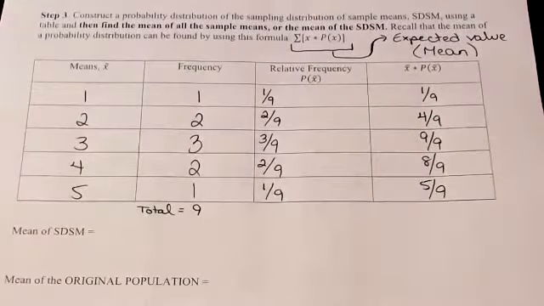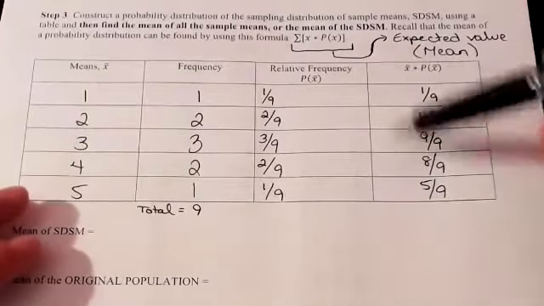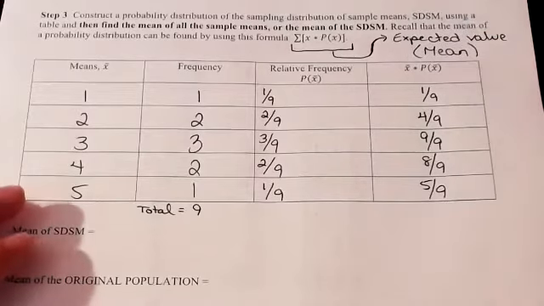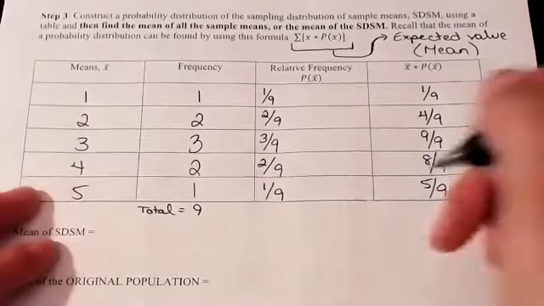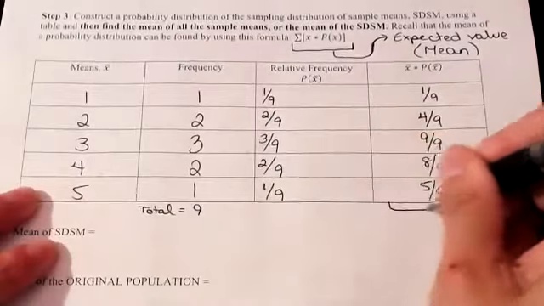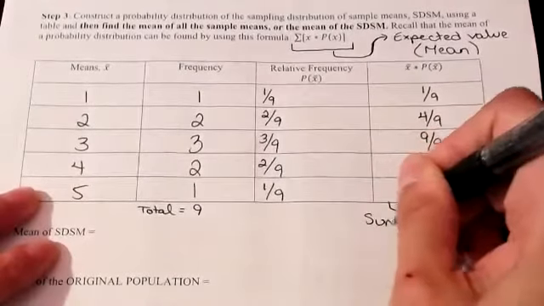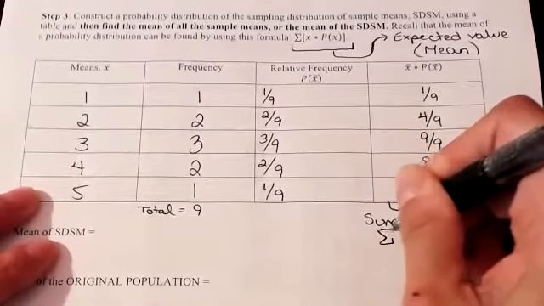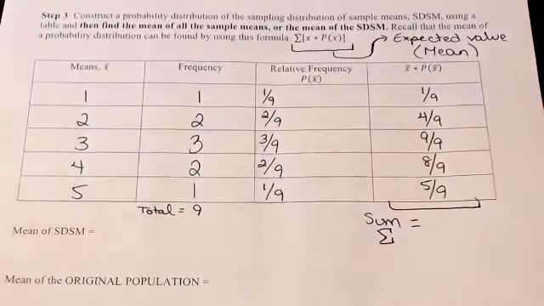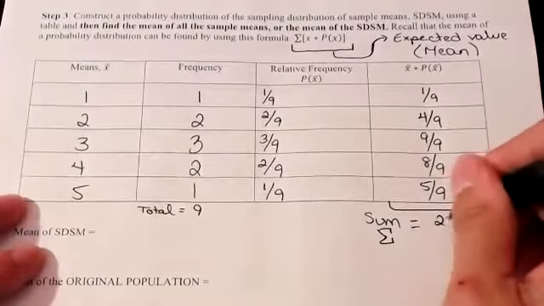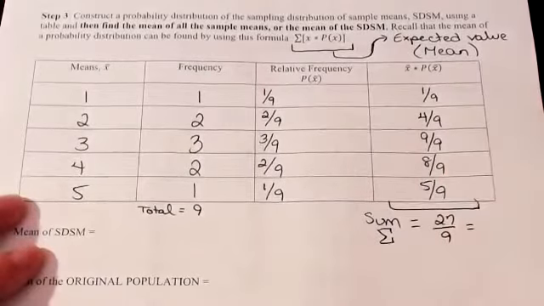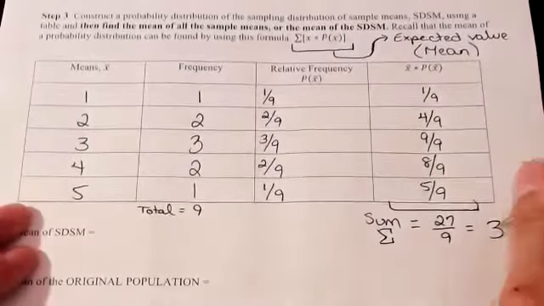In order to calculate the expected value, aka the mean, we must add up all of the products of the mean times its likelihood of occurring. So we now want to add these up. So I'm going to write here the sum, otherwise sigma notation. When you add all of those up, that gives you 27/9, which, by the way, is 3.